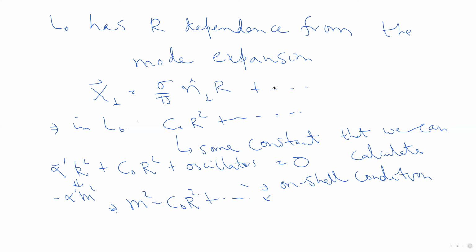But C0 you don't know; we have to calculate C0. The tension of the open string times the distance. Tension by definition is the mass per unit length. So expected M is the tension times R, and the tension is 1 over 2 pi alpha prime.